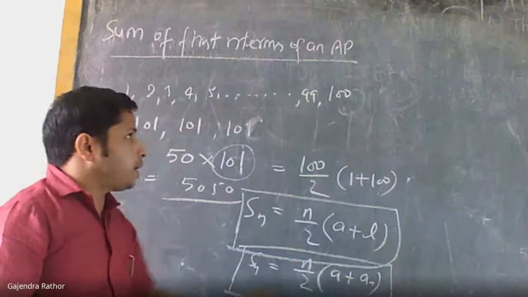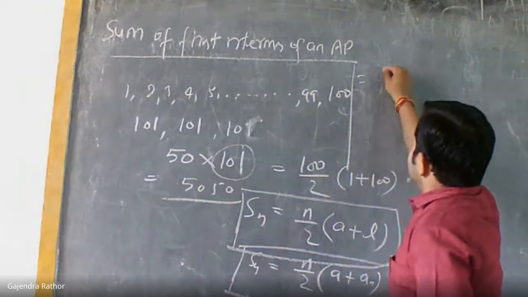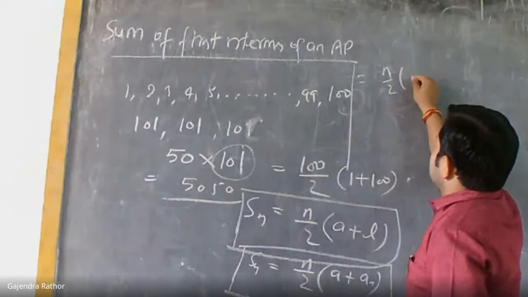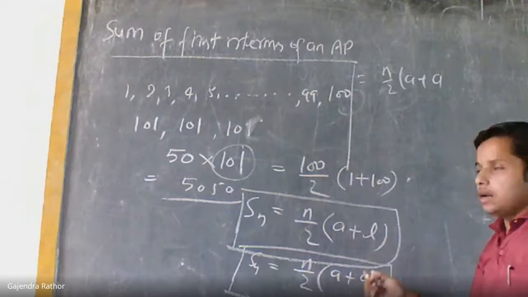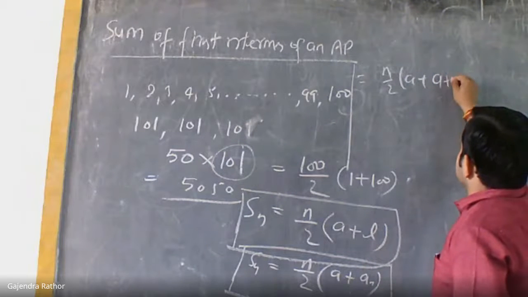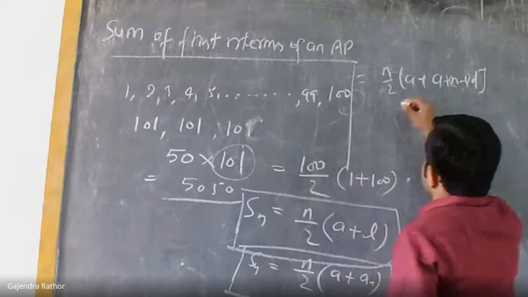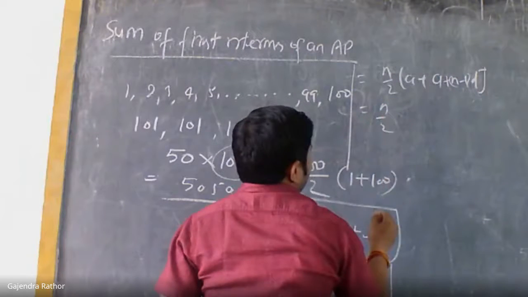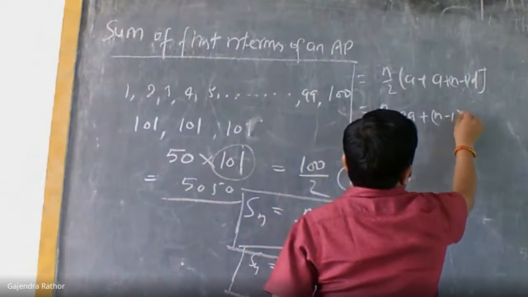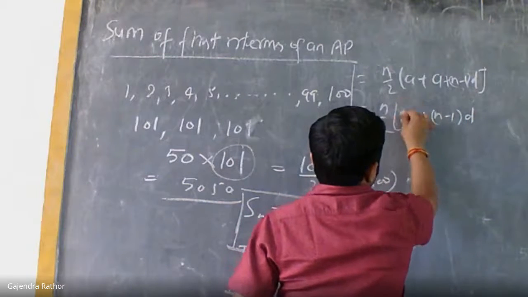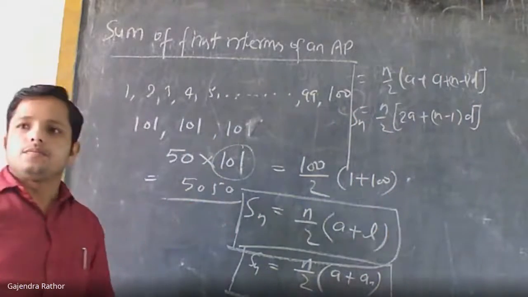So we can replace an: the sum is equal to n by 2 (a plus, again, the value of an, a plus (n minus 1) into d). So this is n by 2 (2a plus (n minus 1) into d). This is the third formula.